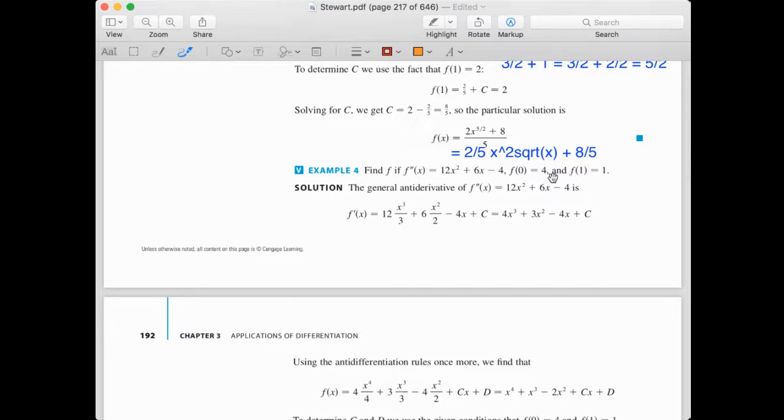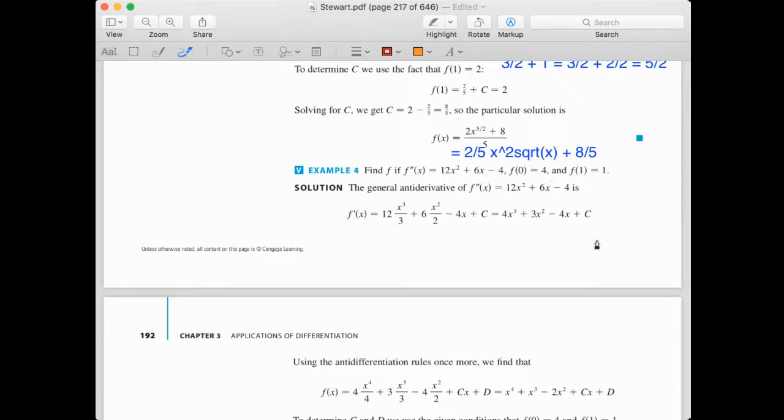Then we add 1 to 1, we get x squared, then divided by 2. Minus 4, this is minus 4x, right? The derivative of minus 4x is minus 4. Then we add a constant term. We simplify a little bit, so we get 4x cubed plus 3x squared minus 4x plus c. So this is our first derivative.